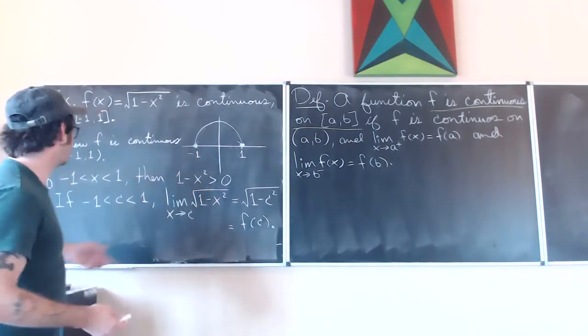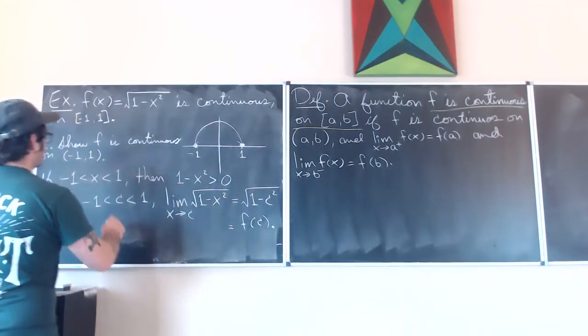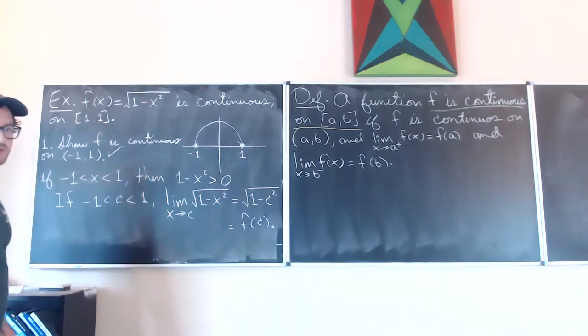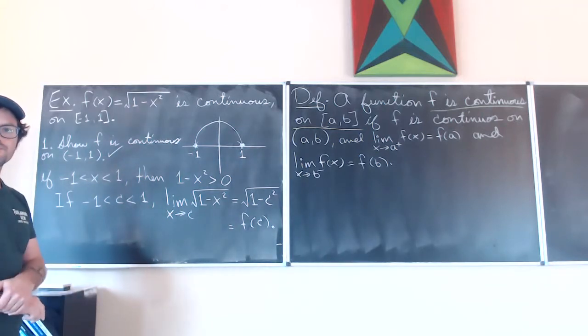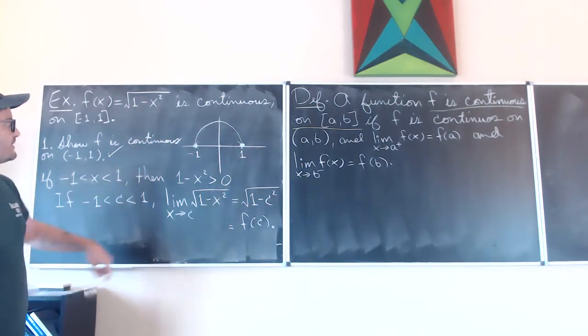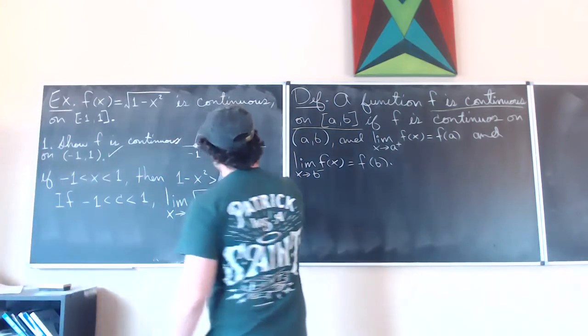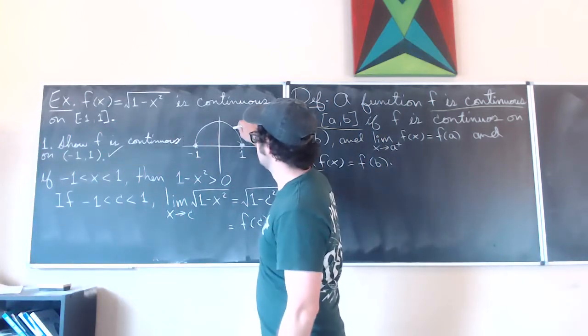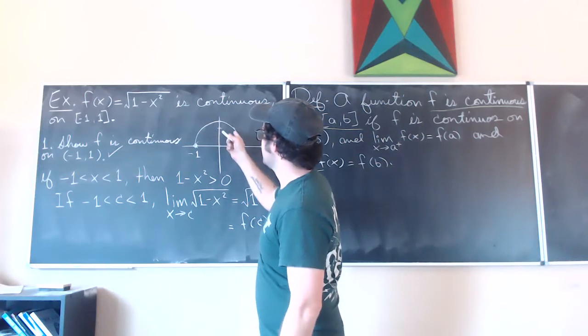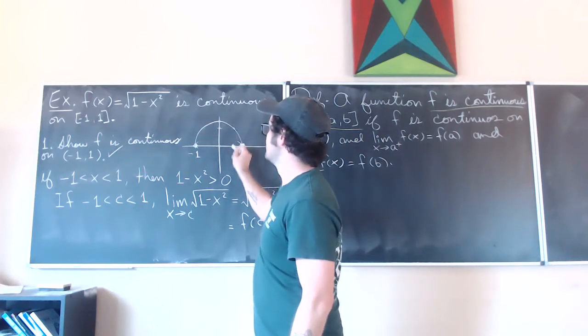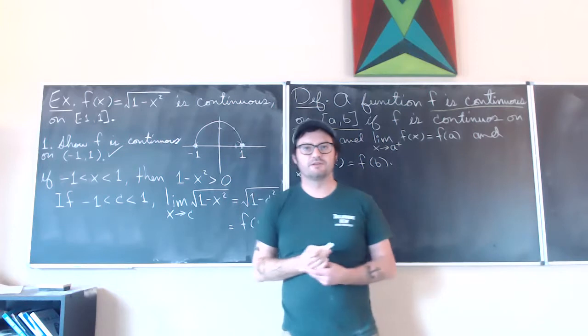So that's telling us that it is continuous on that open interval. Right? Anywhere we pick on that open interval, the limiting value is going to equal the function evaluated at that point.